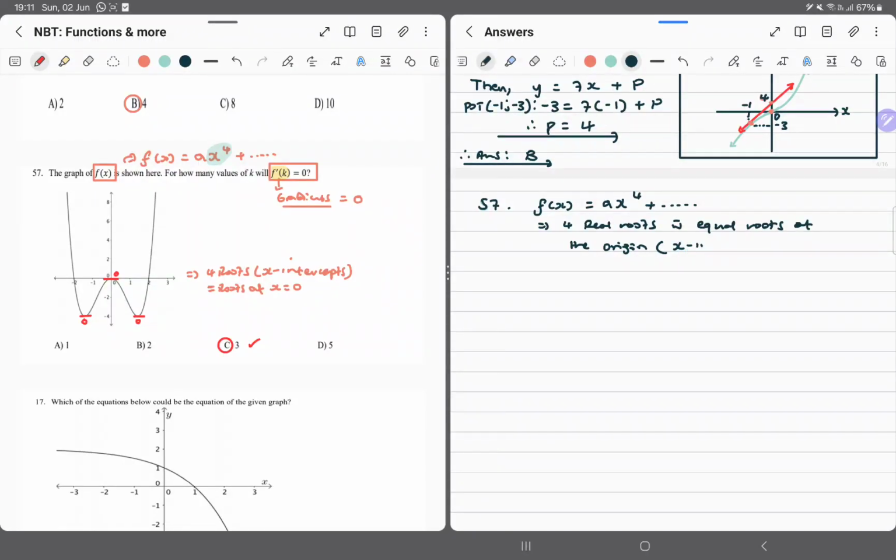Because this x-intercept is also a turning point. Okay, great. So we know that essentially the first derivative function is going to be equal to 4ax cubed, and of course plus some other terms.